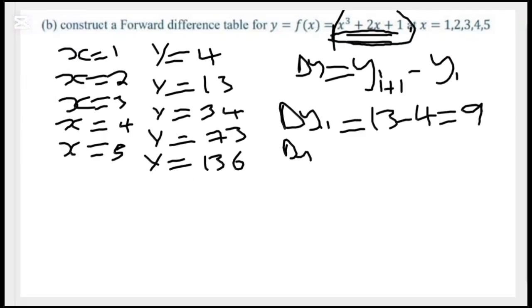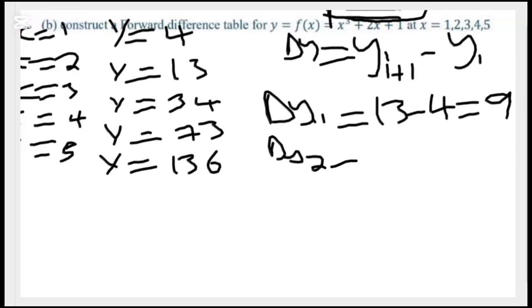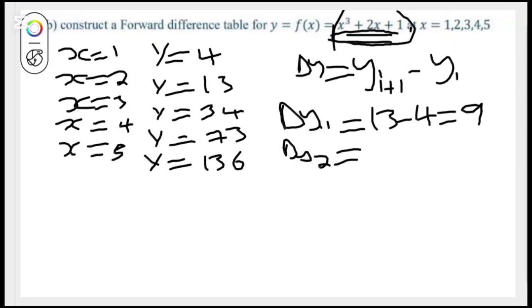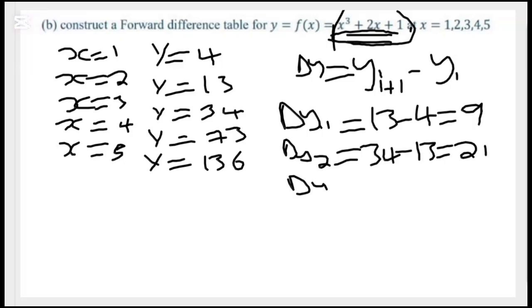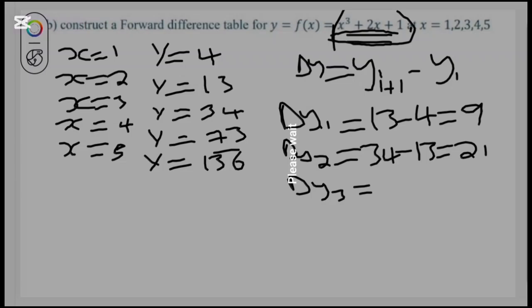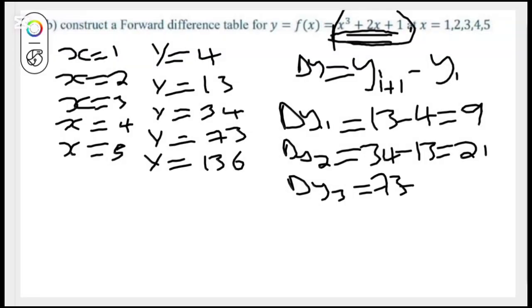And dy2 is equal to 34 minus 13. So 34 minus 13 is equal to 21. And dy3 is 73 minus 34. So I will say 73 minus 34 will now be equal to 39.